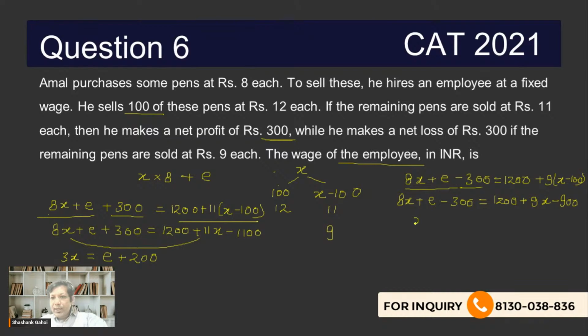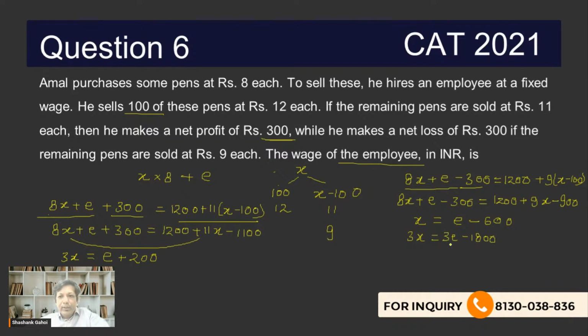So I can say that x is equal to E minus 600. That's the equation we get. So I can also say that 3x is equal to 3E minus 1800.